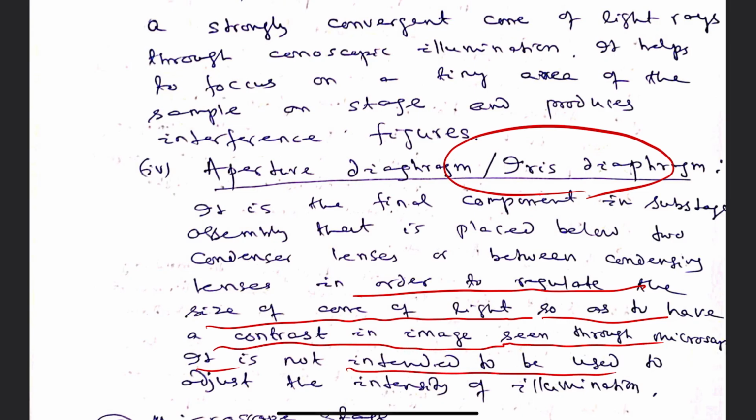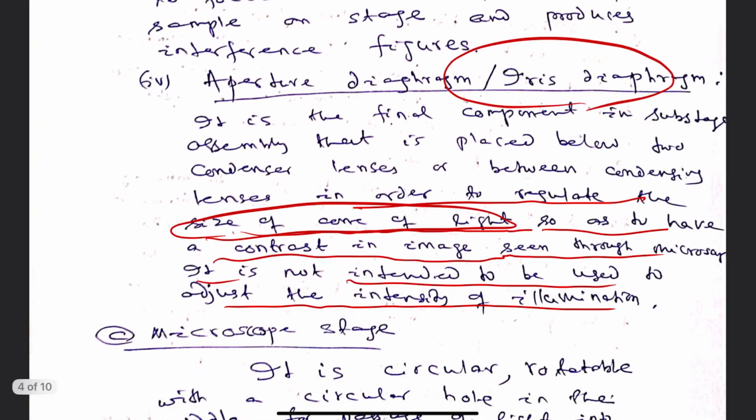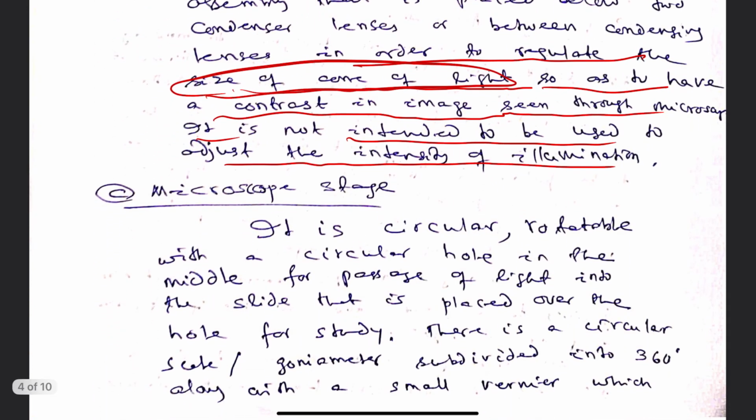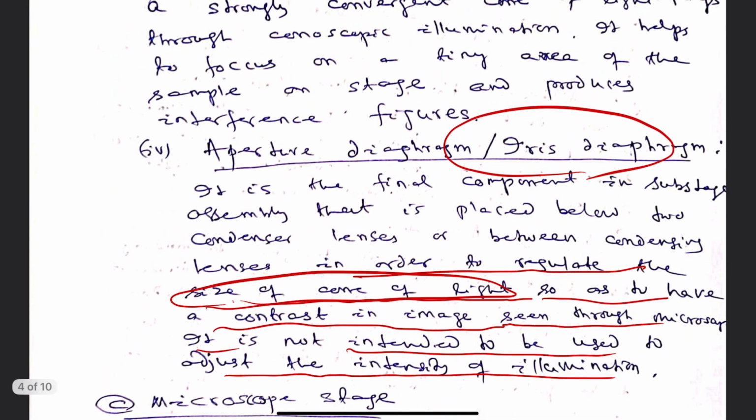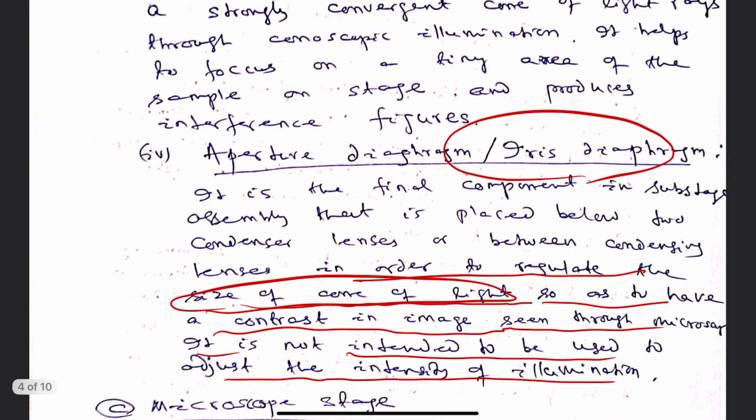It is not intended to be used to adjust the intensity of the illumination, just to control the size of the cone of light rays. So these are the four components that are used below the stage.